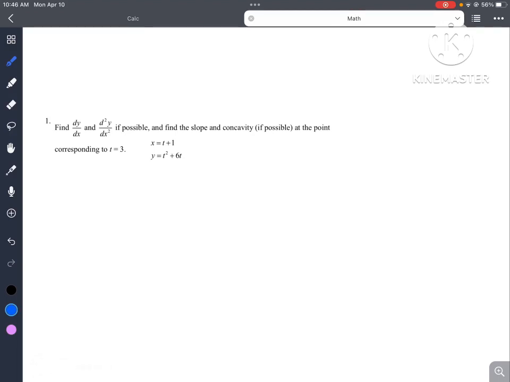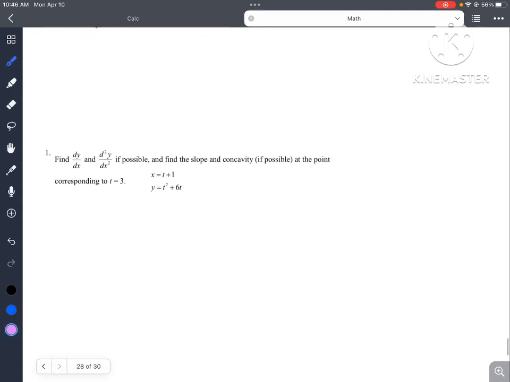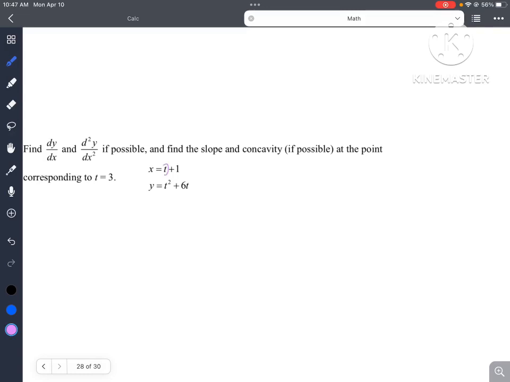In this question, we want to find the first derivative and also the second derivative of the parametric function. And we see that x and y are expressed in the parameter t. So x of t is just t plus 1, and y of t is equal to t squared plus 6t.